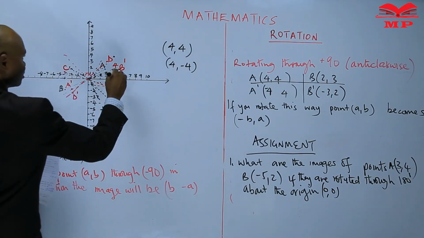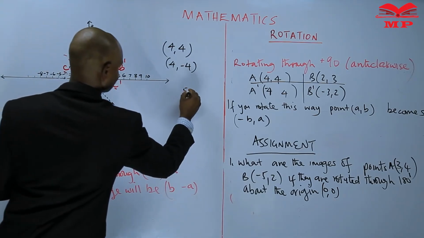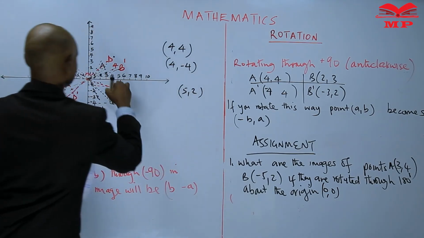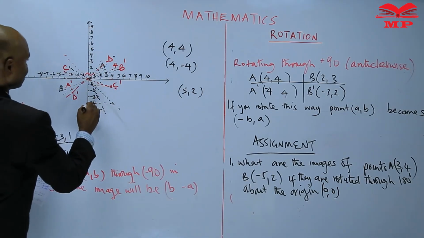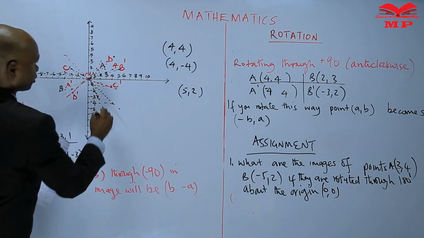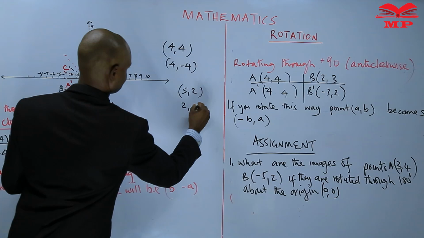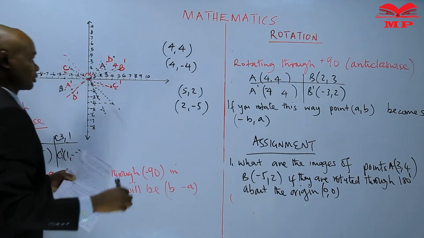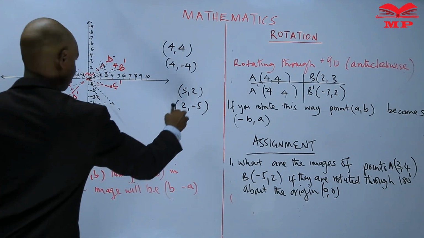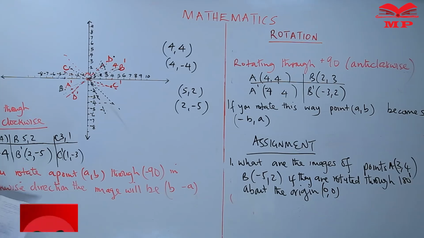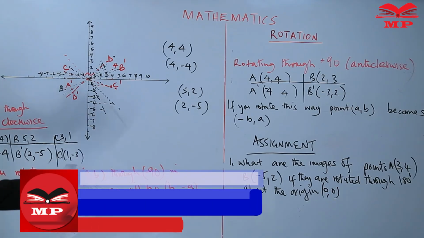When we had 5, 2, we'll come and get 2, negative 5. And we realize what was happening. B comes here and A changes the sign.